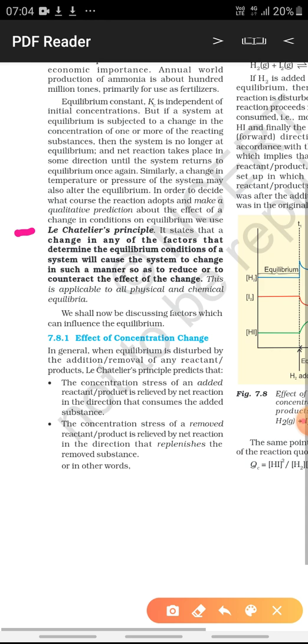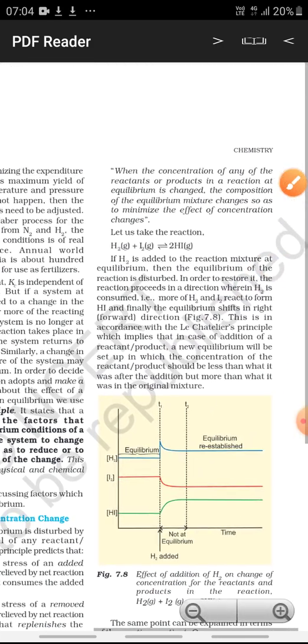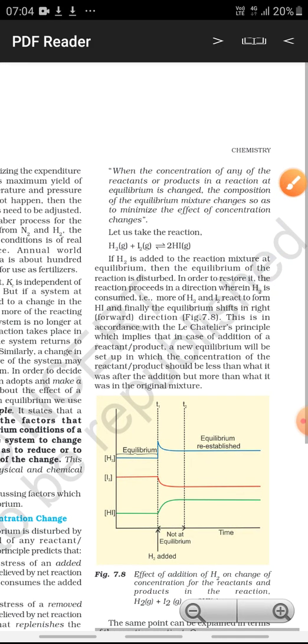Now, the first factor that we are discussing is the effect of change of concentration. Now, children, suppose we have got a chemical reaction, like for example, H2 plus I2 gives 2HI. Now, for such a reaction, suppose we increase the concentration of hydrogen.